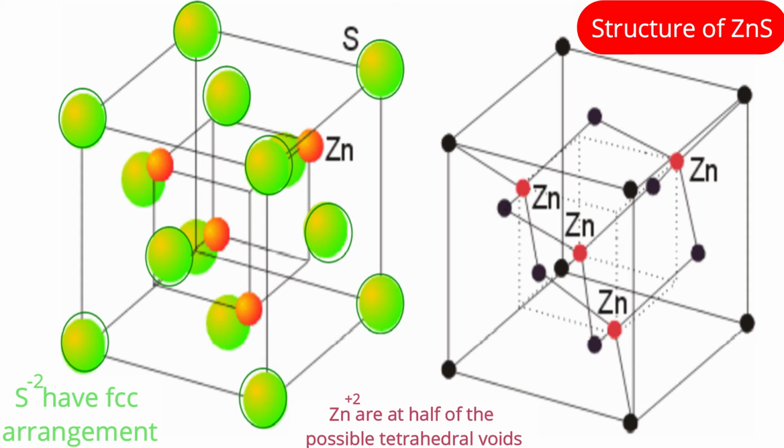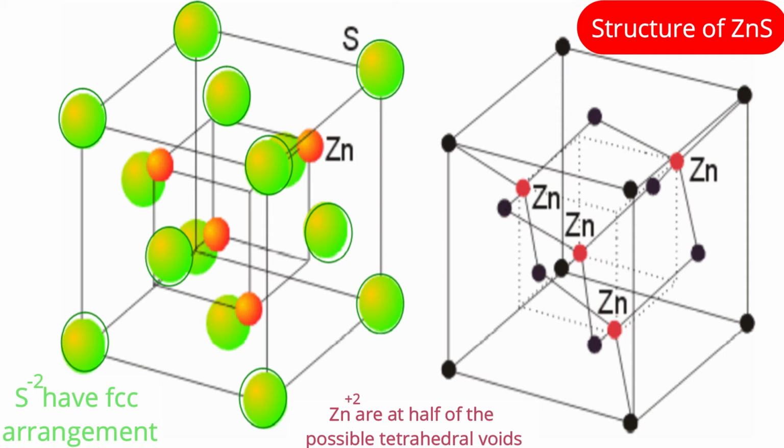So in order to have 1 is to 1, only half of the tetrahedral voids can give that 1 is to 1 ratio. Therefore, half of the tetrahedral voids are filled. And while filling those tetrahedral voids, see how zinc ions are entering. Alternate corners of the inside cube are occupied by zinc ions.